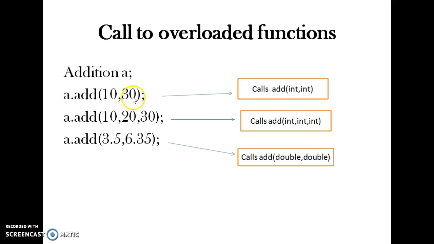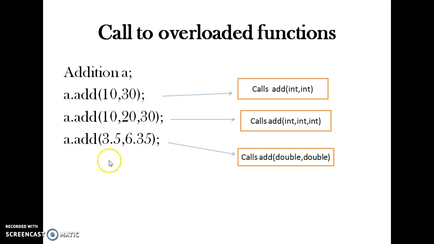The first function call a.add with 2 integer parameters is going to call the first function, that is the add function with 2 integer parameters. The second call a.add with 3 integer parameters is going to call the second function, which is taking 3 arguments of integer type.